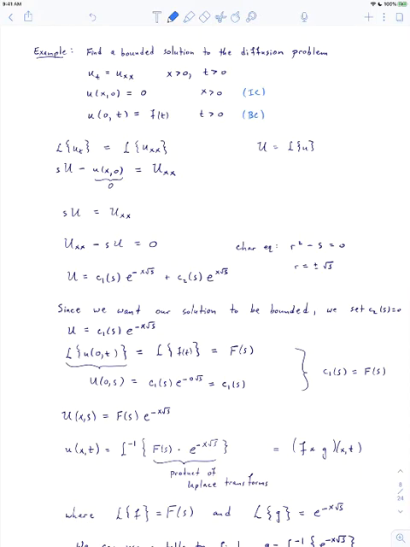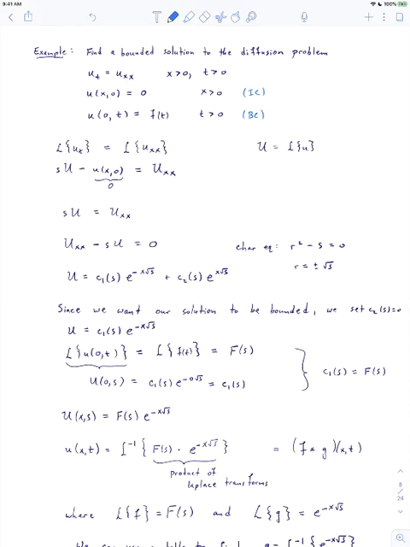And this is going to be equal to the Laplace transform of the second x derivative. But remember, the Laplace transform doesn't exactly ignore the second derivative, but it doesn't transform it. So the Laplace transform of the second partial derivative is the second partial derivative with respect to x of the Laplace transform. So it's capital U sub xx.